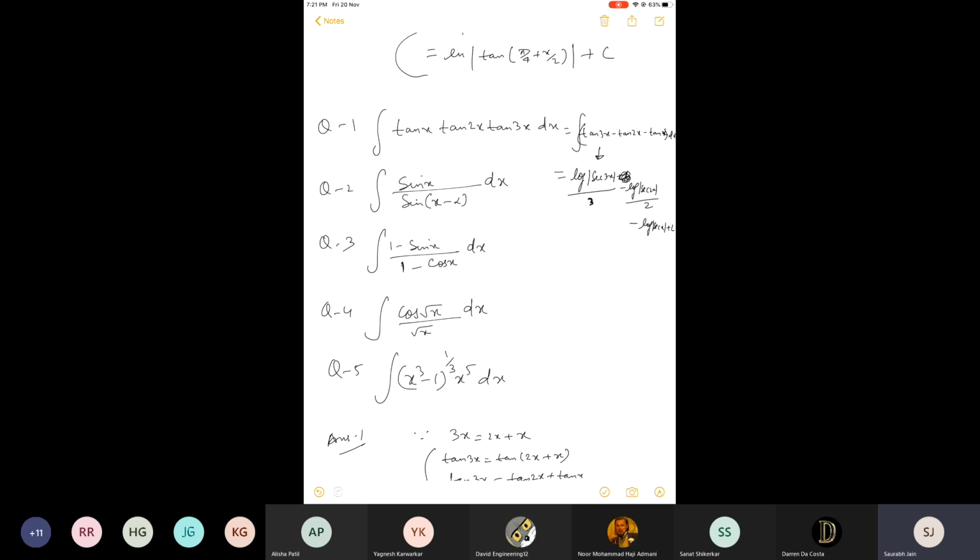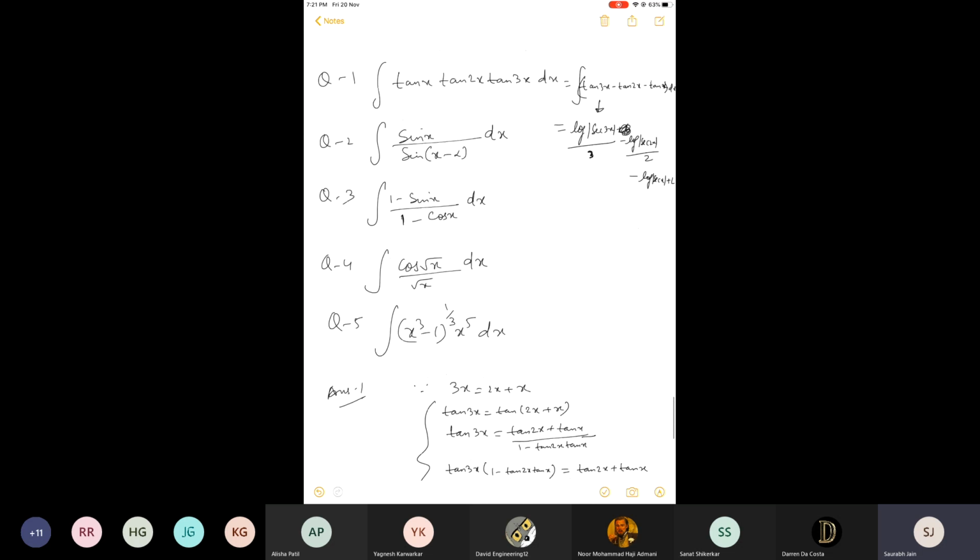Similarly, c plus d plus e will be changed to a single constant. So that is why, when the whole thing is integrated, we write c only one time, not again and again. Keep this in mind. Overall, the question is based on a trigonometric property or this result, and then you will be able to integrate after changing it into this form. This was your first question.